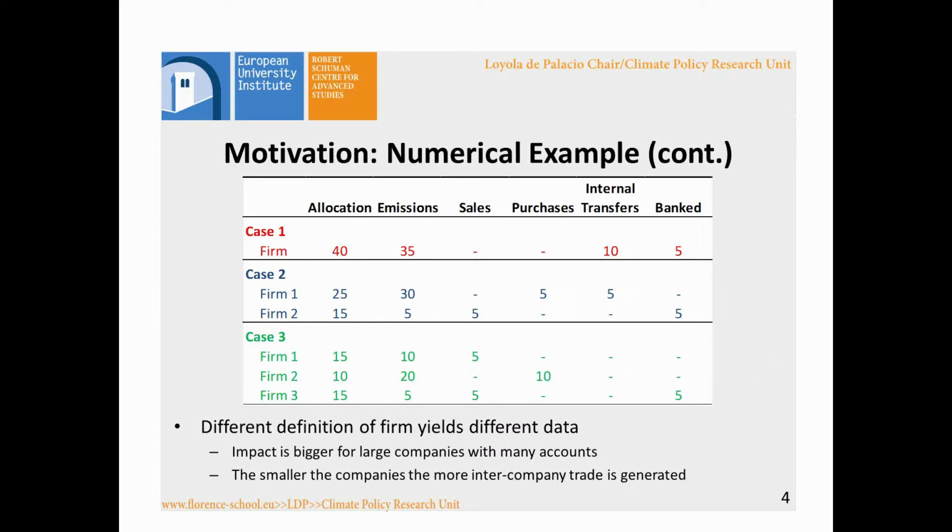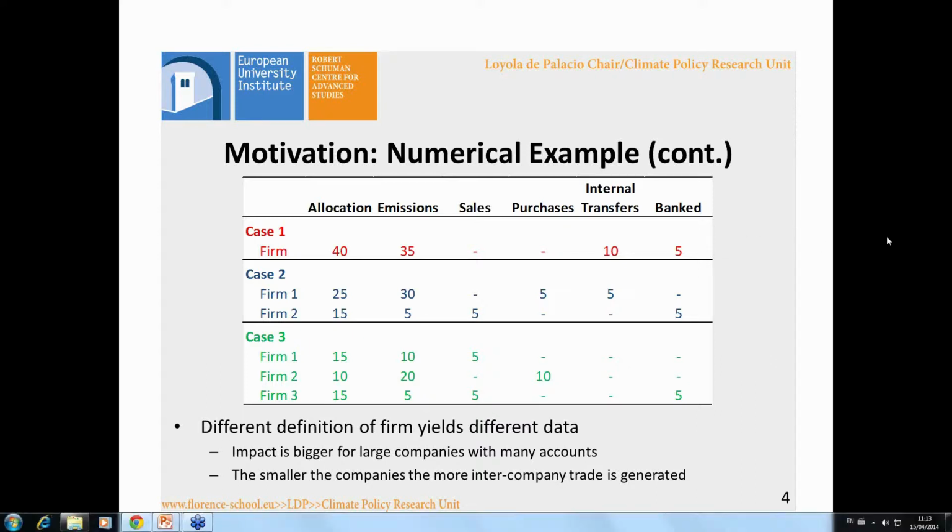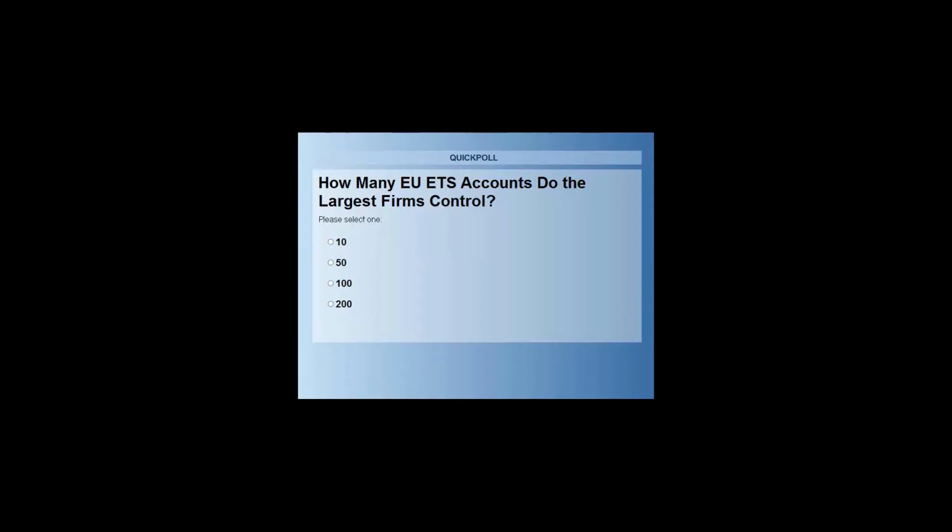Okay, so you may wonder, well, fair enough, but how important is this really regarding real data? How relevant is this issue? Well, to consider this, let me launch the second poll, and let me ask you, what do you think is the largest number of EU ETS accounts that is controlled by a single firm?